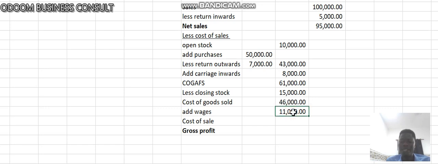And then there were wages, there were some direct labor who worked on this particular goods and then it sells. And so that 11,000 must be added to our cost of goods sold to get the total cost of sale. So this cost of sale is going to be the cost of goods sold plus the wages, giving us 57,000 as our cost of sales.